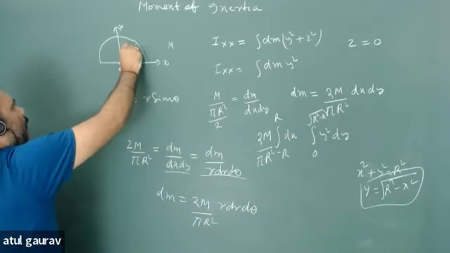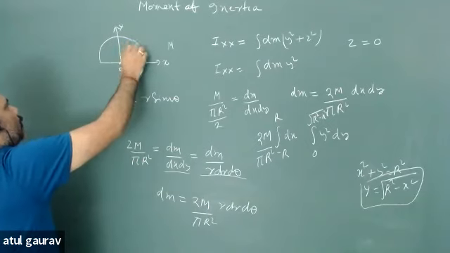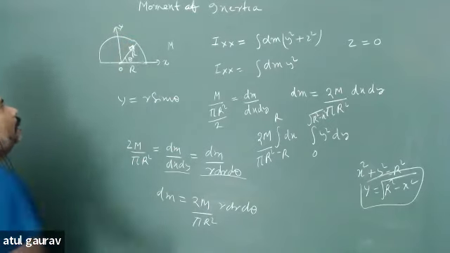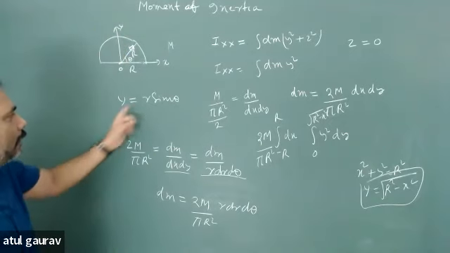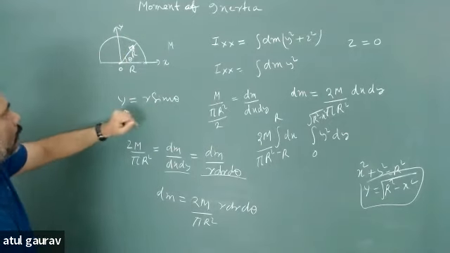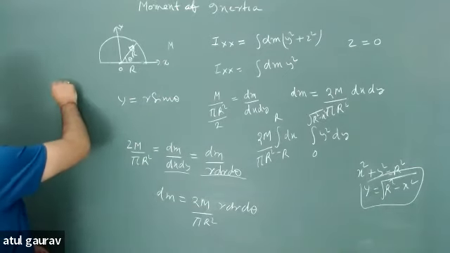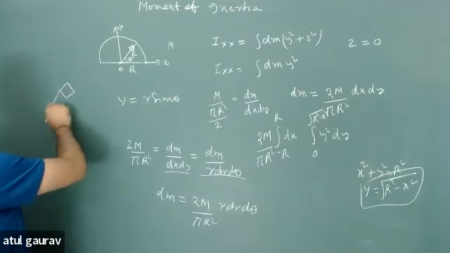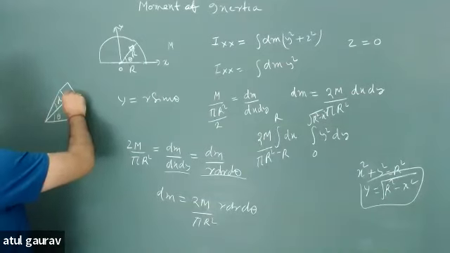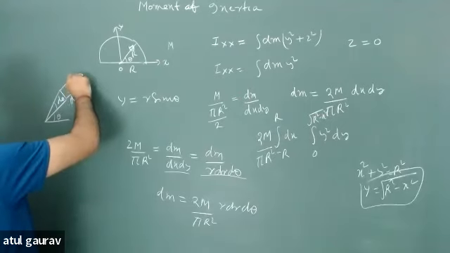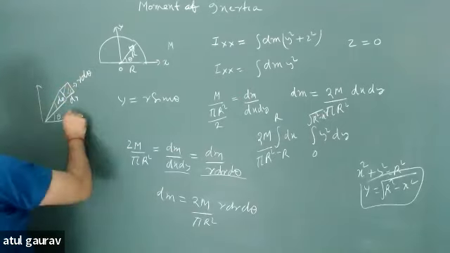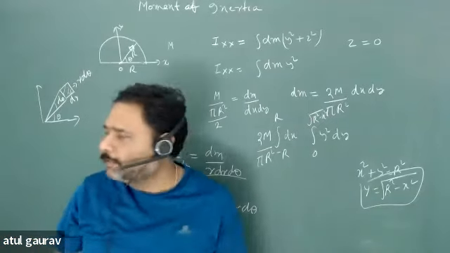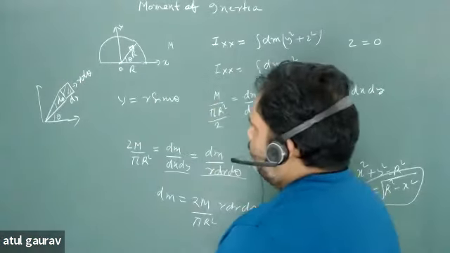I can take any elemental mass at distance r, with dr and r sin theta like this. So you can take an elemental mass like this. This will be d theta, this will be theta, this will be dr, this will be r d theta, isn't it? You remember this type of configuration you are just using, isn't it?